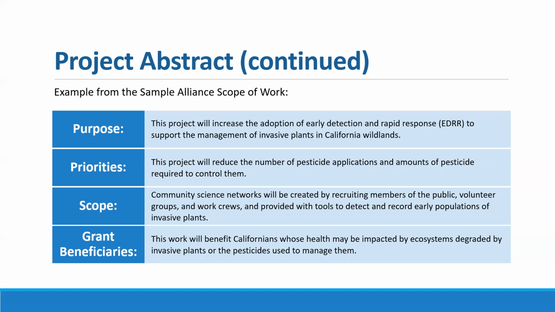They are simply intended to provide our applicants with a comprehensive example of how to complete a scope of work and then also how to complete budgets and budget tables. These examples are in no way intended to describe DPR's preferred grant topics, or the number of ideal project members, budget sizes, anything like that. They're not at all intended to limit your creativity.